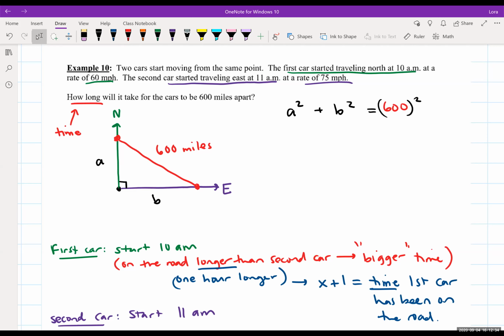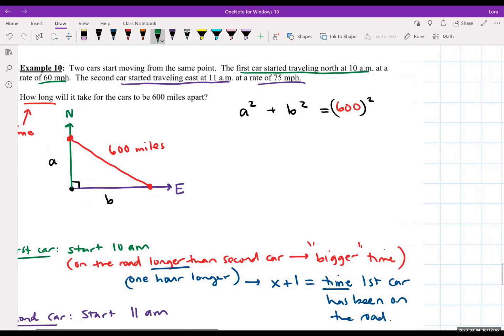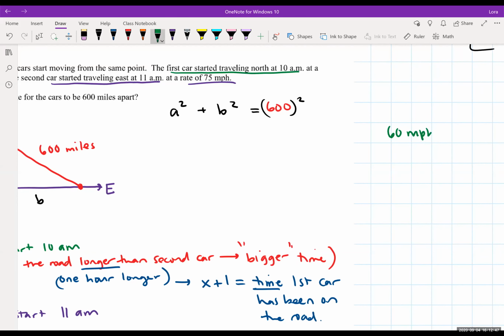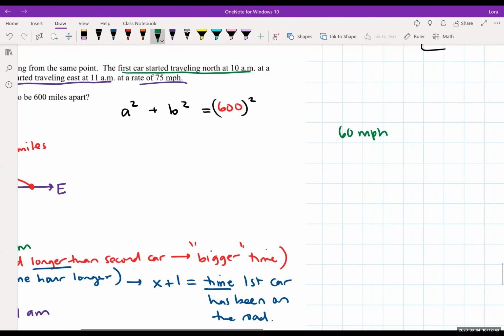I don't know if you remember us talking about this in previous examples, but think proportionally here. I know you don't have to write this all out, but I just want you to think. If you have a rate of 60 miles per hour, how far have you gone after 1 hour?